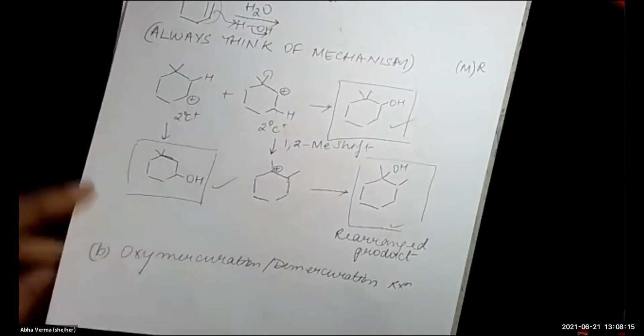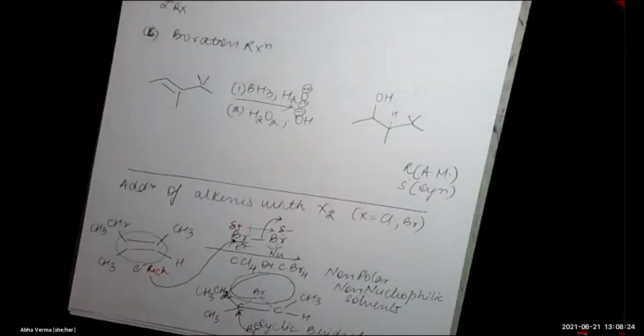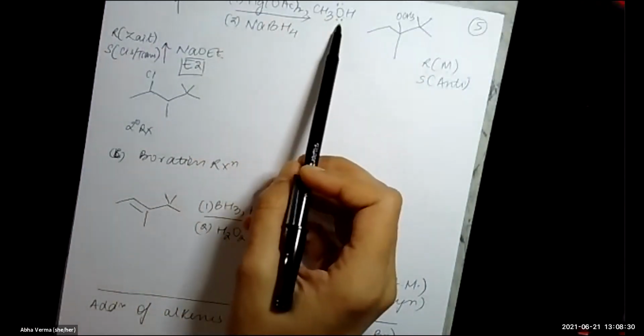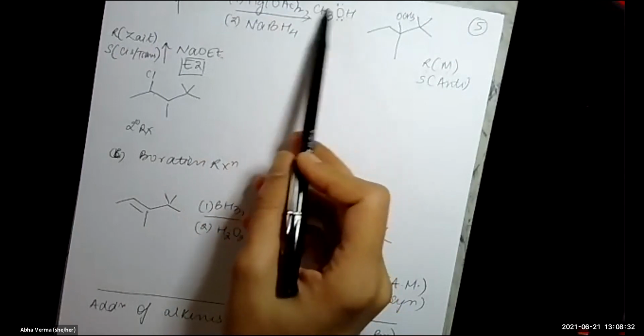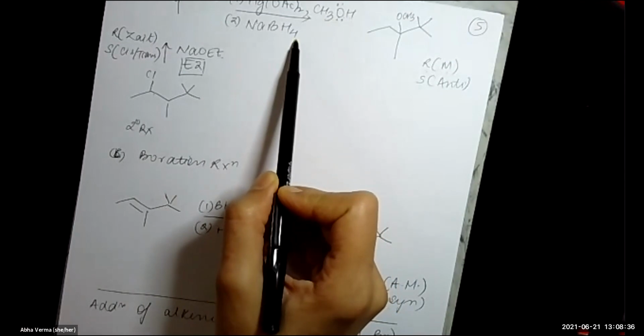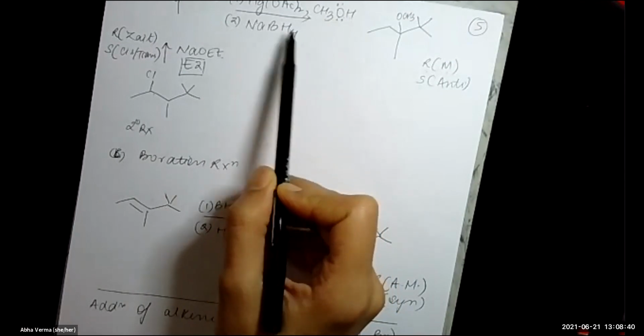The second way by which we form alcohols is by oxymercuration reaction, where we have these reagents. The mercuric acetate in presence of a solvent and sodium borohydride. Now, on the slides, I had shown you water.